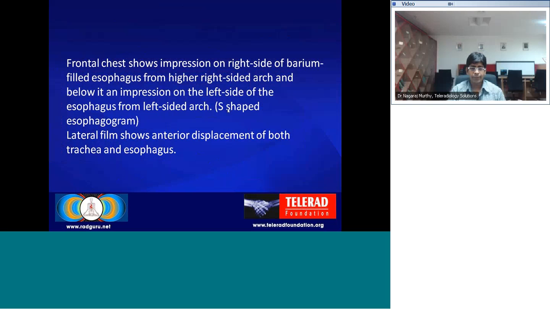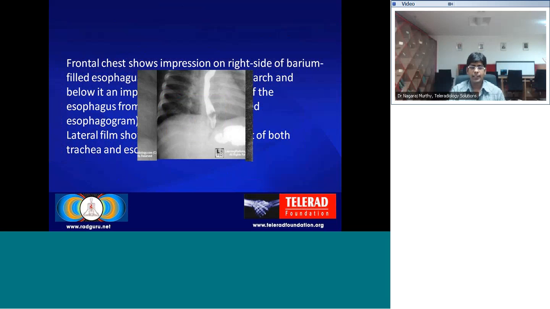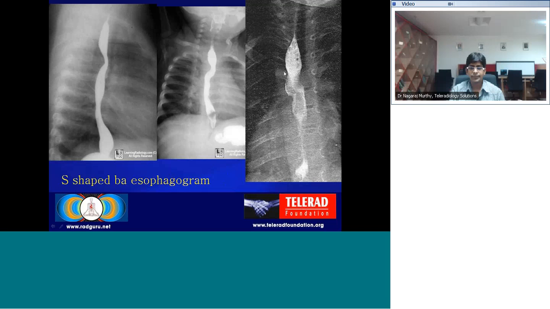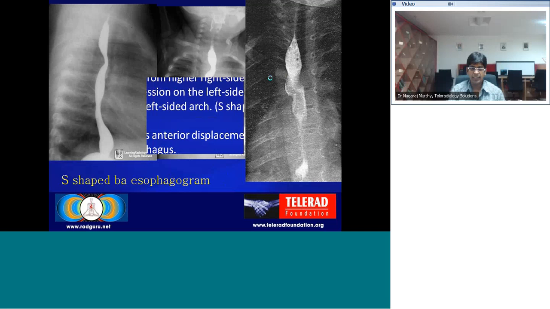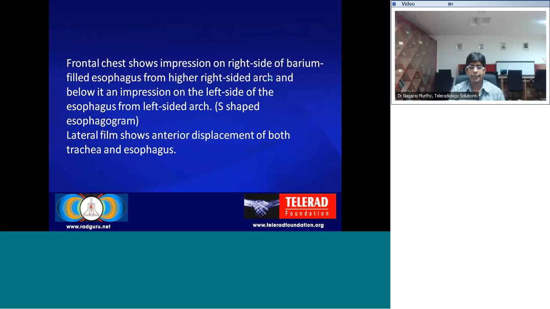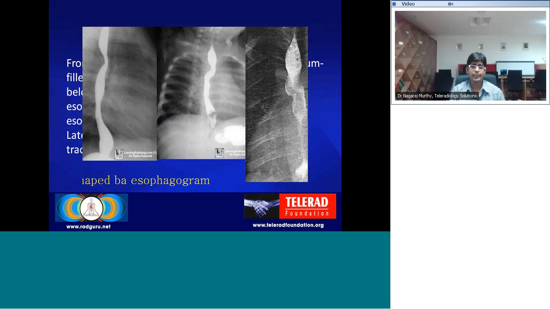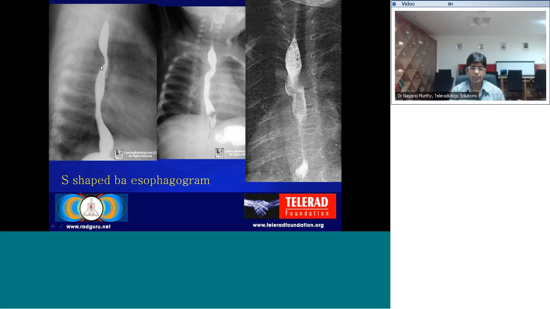This is the frontal chest radiograph showing indentation on the right side of the esophagus, as well as on the left side, giving that S-shaped esophagram. On lateral view, there is anterior displacement of the esophagus and trachea. The trachea and the esophagus both increase distance here.